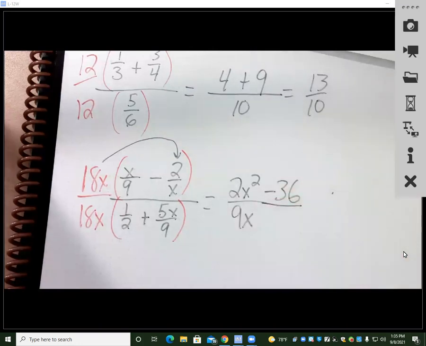And then do the same thing, do 18x times 5x over 9. Divide down, multiply up. That's not the only way to do it, but I'll tell you it's the easiest way to do it. If you do the division first and then multiply, you keep your number so much smaller, and you can do it in your head, usually.